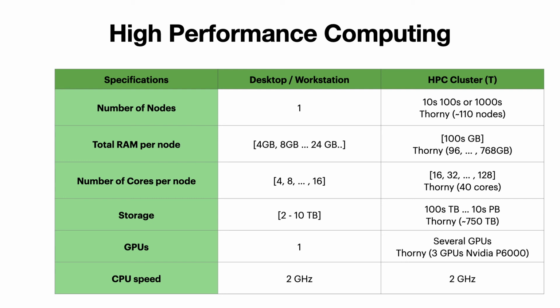Eventually, on an HPC cluster, the cores are probably slower. And the reason for that is that as you put more cores on an individual socket, of course, they will produce more heat, consume more energy, and a way of balancing that is reducing the clock speed a little bit.